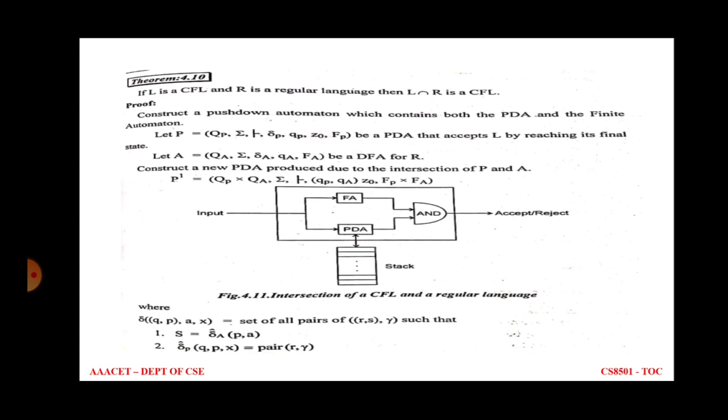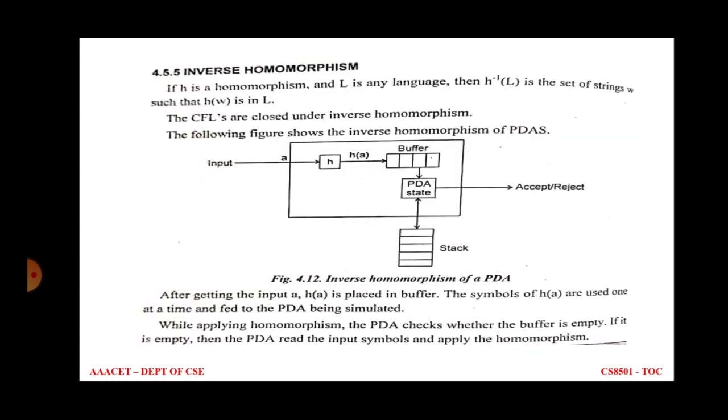Then we can perform the intersection operation. Intersection is performed by the Cartesian product. So P dash is the new pushdown automata obtained by applying the Cartesian product to both automata, capital P and capital A. So the next one is inverse homomorphism.